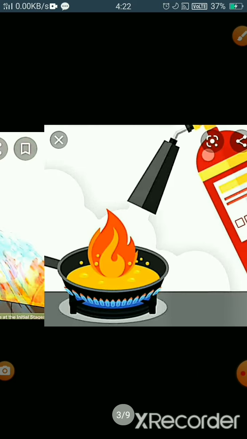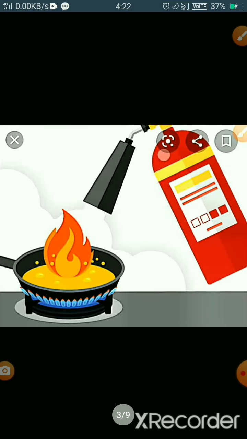The second way is by using carbon dioxide gas. By using carbon dioxide gas, we can control the fire, as it is a device used to control or extinguish a small fire. Carbon dioxide gas is a non-inflammable gas and heavier than oxygen.